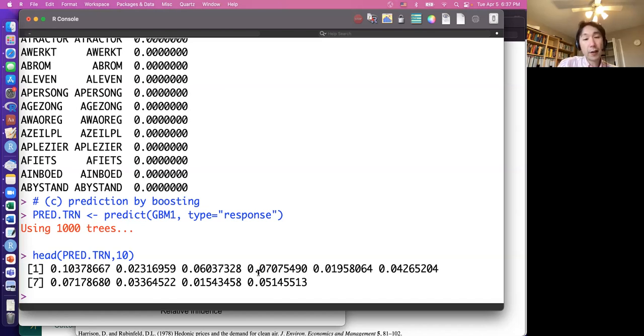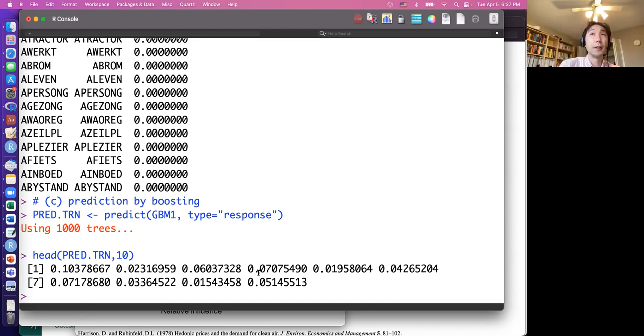Sorry, I'm not entirely clear about the exact algorithm of classification and boosting. We fit the data, and probably we transform the response variable into a continuous scale in some sense.